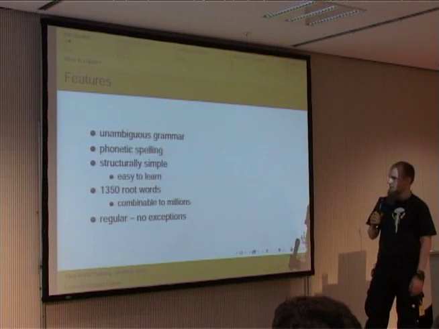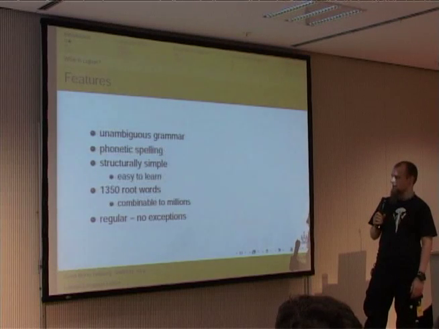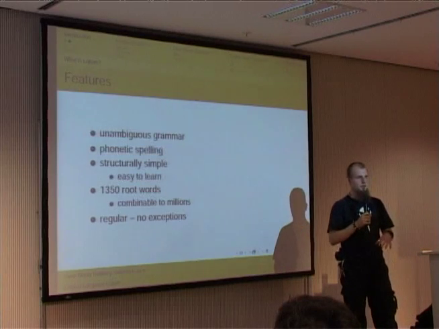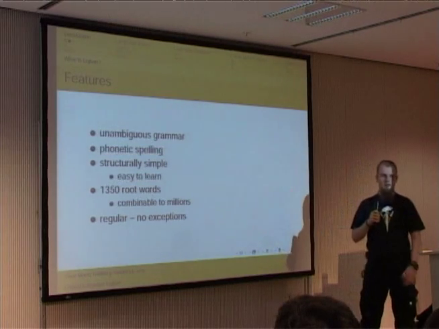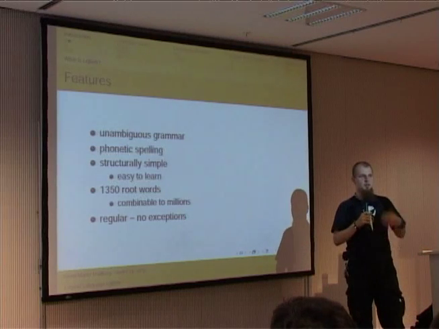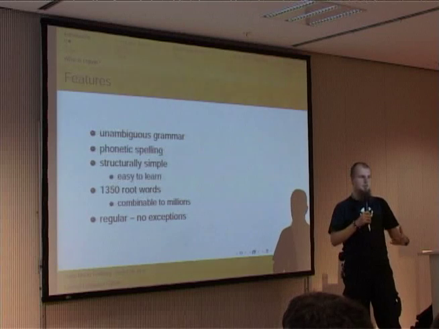And the root vocabulary comprises about 1,350 words. And these can be combined to form, of course, a huge vocabulary. There are lots of ways to combine these words, which is basically a layered approach. You can just say them one after another, and it makes a new word.